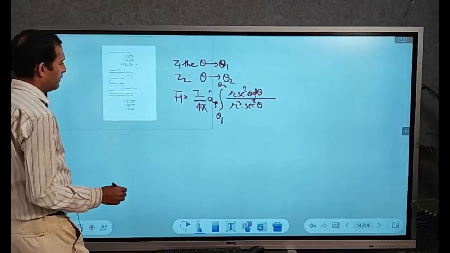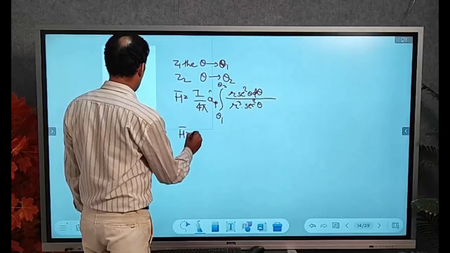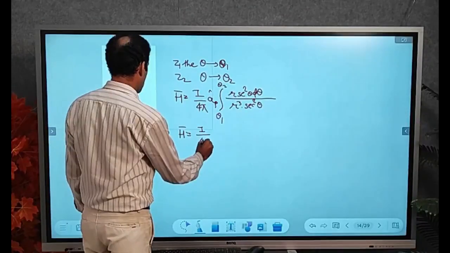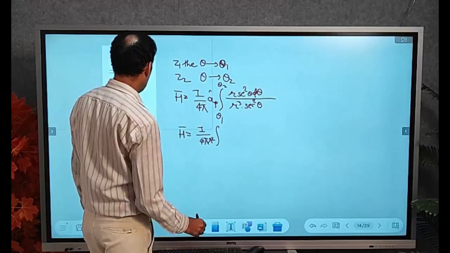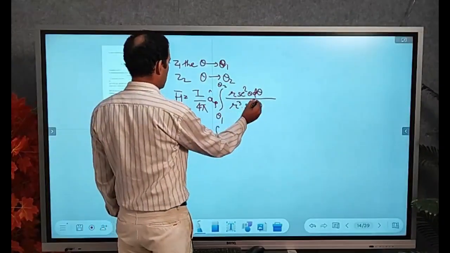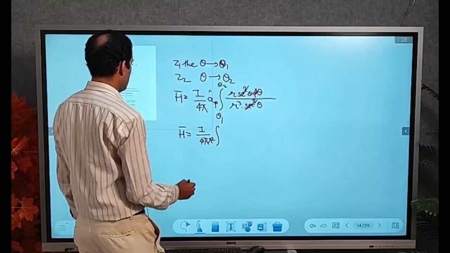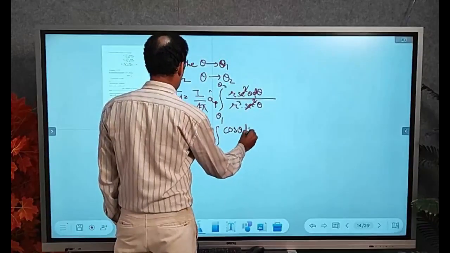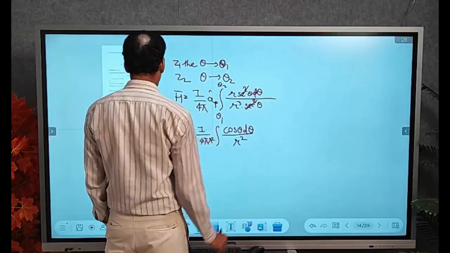Further we can simplify it. H bar is equal to I by 4 pi r square, theta 1 to theta 2. Now these terms we can cancel, so we can further simplify as cos theta d theta divided by r square.